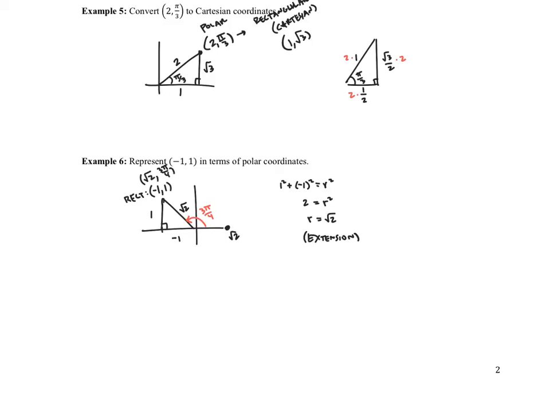Take a moment, pause the video, and come up with one with an r value less than 0. Okay, after you've paused your video, you could also write this as -√2 and a negative pi over 4. All right, so extension of -√2 and then rotation clockwise of negative pi over 4. It's another way we could get to that coordinate in polar form.